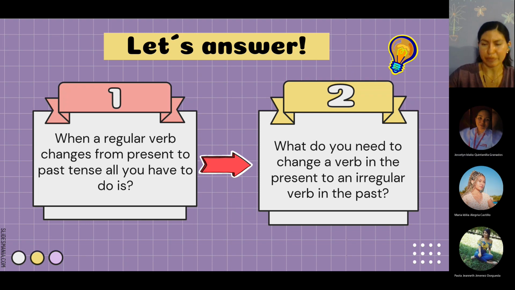Yes, that's what it is. You got it. For regular verbs we add ED or D, but in irregular verbs we cannot do that, so we change the letters in the word. Excellent. I like it.